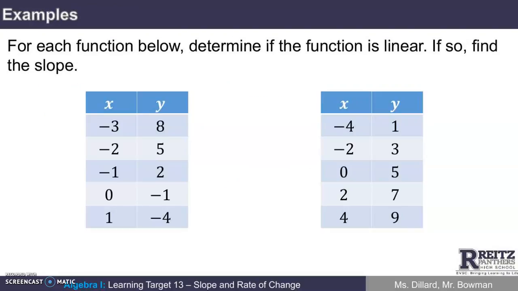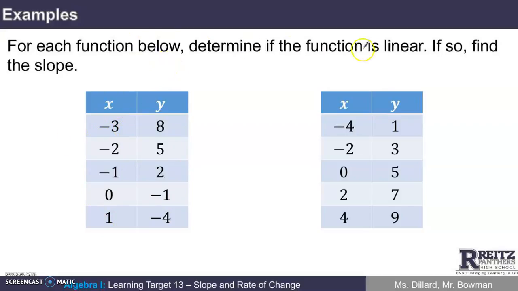Our goal in the screencast is to take a linear function given as a table and determine its slope. The instructions say for each function below, determine if the function is linear. If so, find the slope. Let's look at this linear function on the left here. It's in a table.